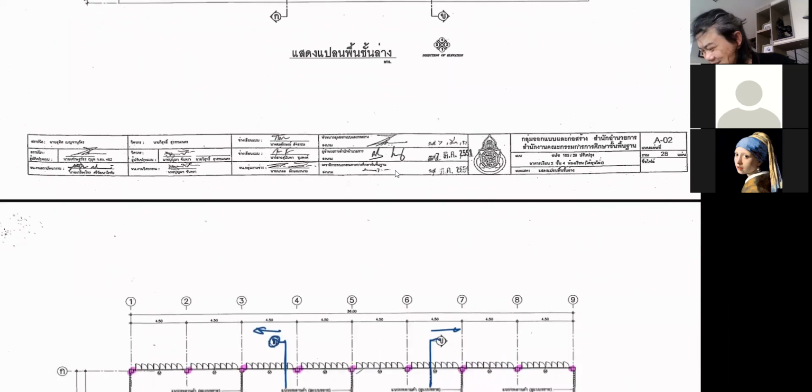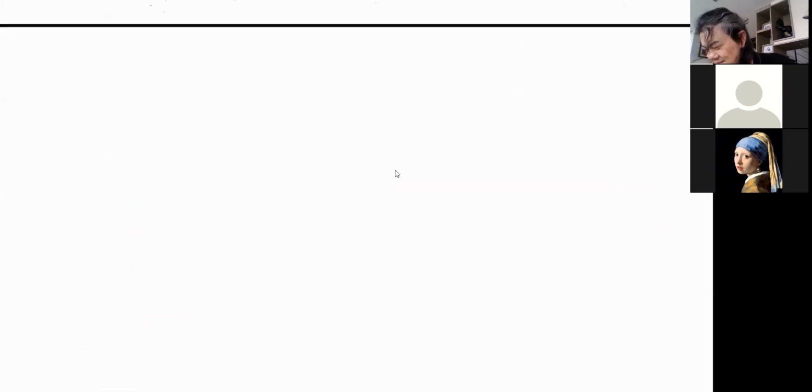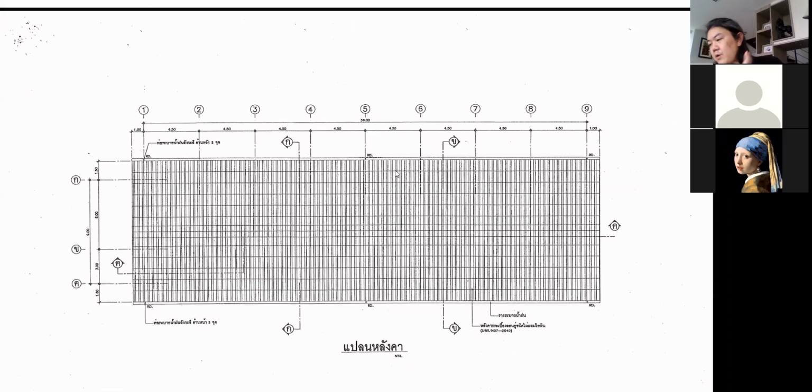Oh, where's the roof plan? This one. Yeah, like this. So you may do some rough sketch, because now we know that you are perhaps going to have the columns coming up to support your roof like this.